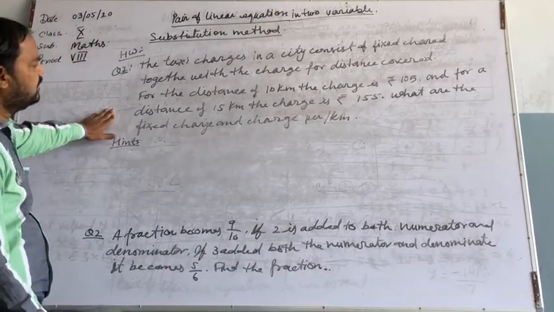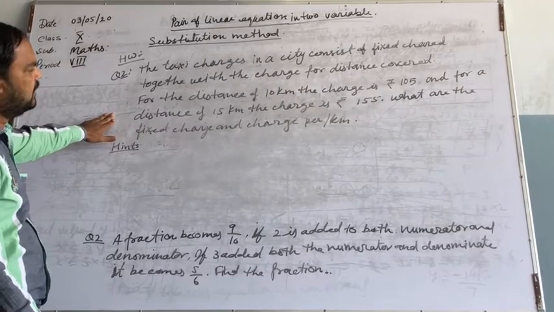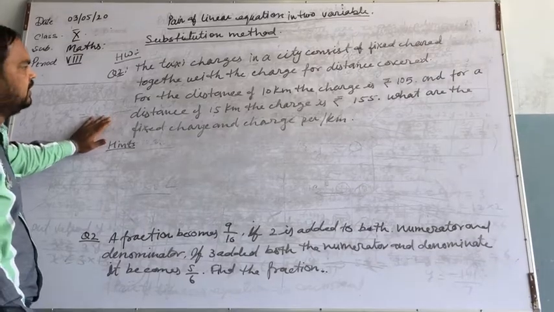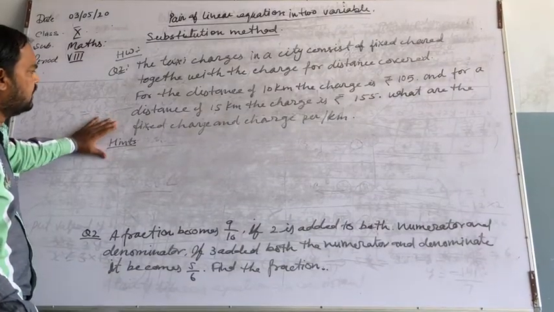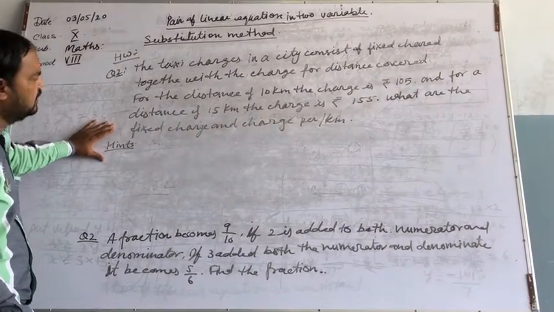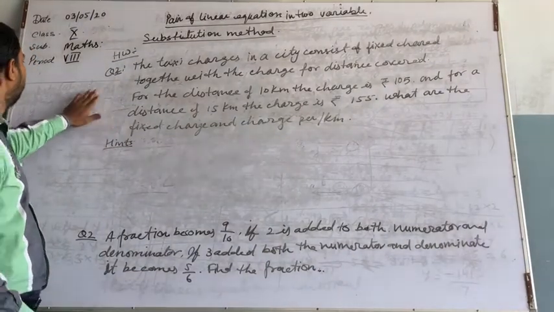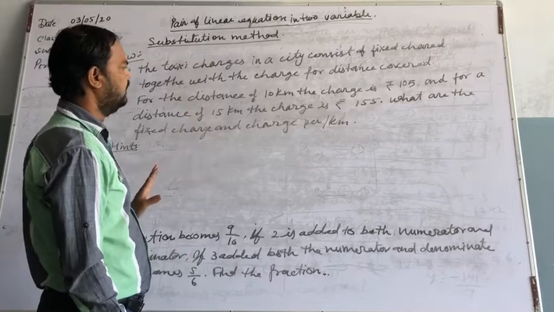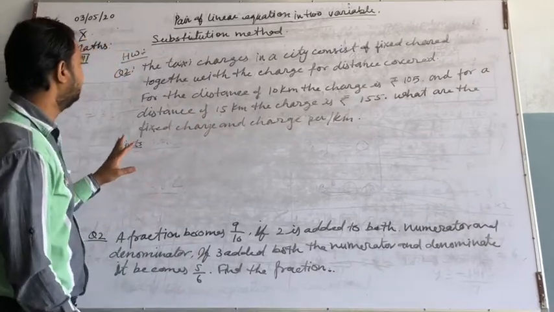For a distance of 10 km, the charge is rupees 105, and for a distance of 15 km, the charge is rupees 150. What are the fixed charge and the charge per kilometer? So we are going to give you a hint, and you have to solve it by substitution method.